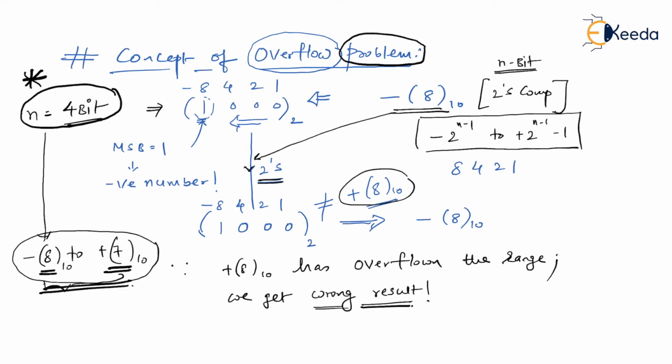Why don't you go for 6, 7 or 8 bits? Within that range, definitely you will get a proper result for plus 8 to the base 10. The reason I'm saying this is not equal to plus 8 is that, as you can see, the MSB is 1. You know that if you want positive 8, the MSB has to be 0. Therefore, we are getting the wrong result.